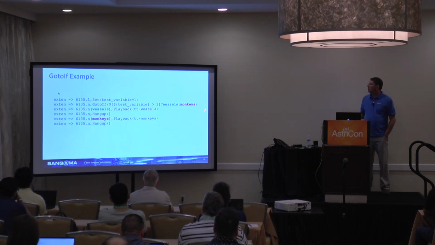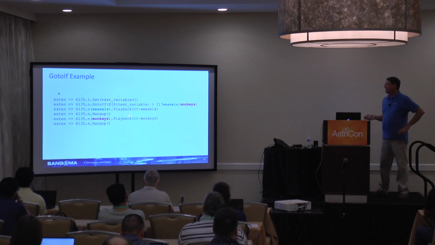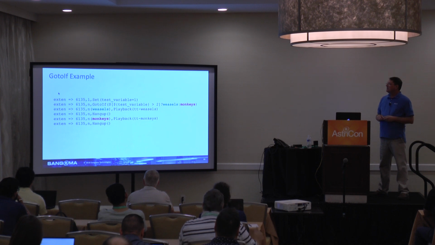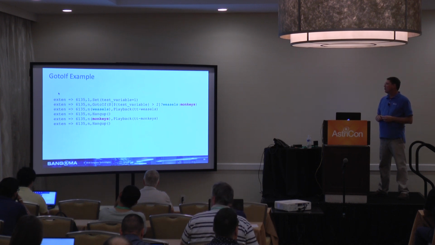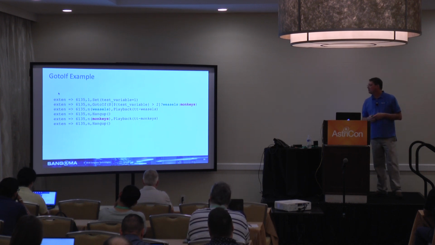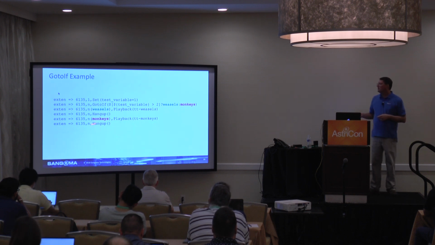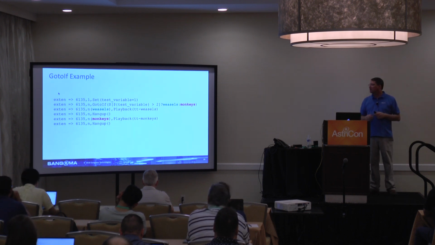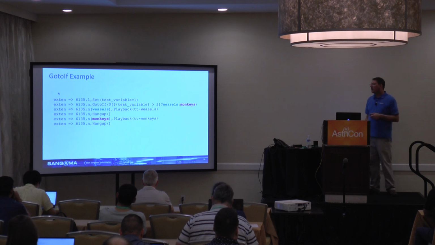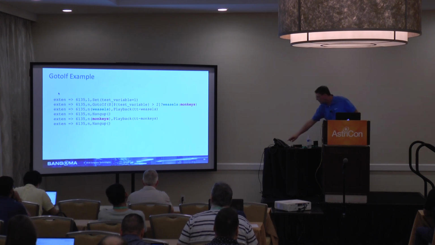If it's false, it's going to go to a label named monkeys. And so in this case, 1 is not greater than 2, so it's false. So it's going to go down to monkeys, and it's going to play back a sound file called tt-monkeys, and then hang up. I hope I had this in here. Let's see.